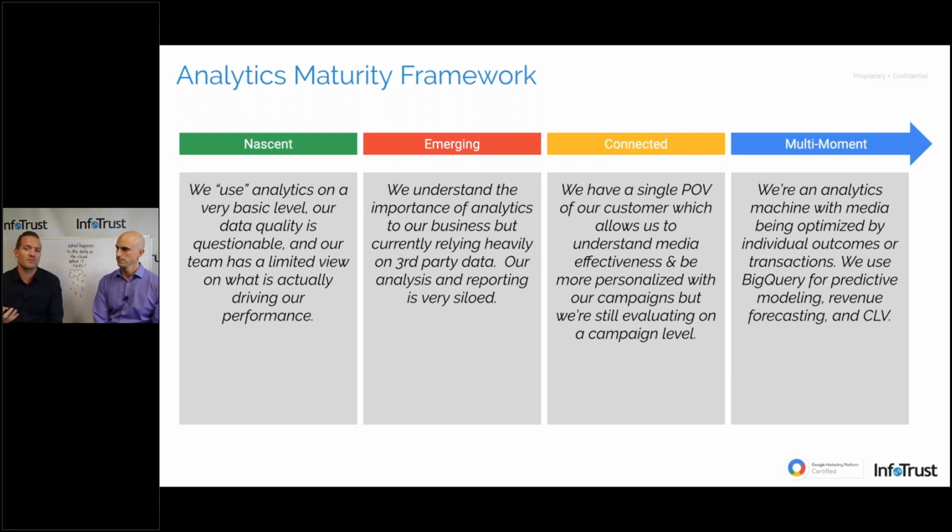So I wanted to start out with sharing this slide, and again, please revert back to the slides if you have us full screen. I'm talking a little bit about that analytics maturity framework. With the maturity framework, there's really 4 key stages, and this is something Google partnered with a couple different organizations to launch. It's really about nascent all the way to multi-moment. So the first question I would ask you today is to evaluate how your organization is today, and then decide where you want to be a year from now.